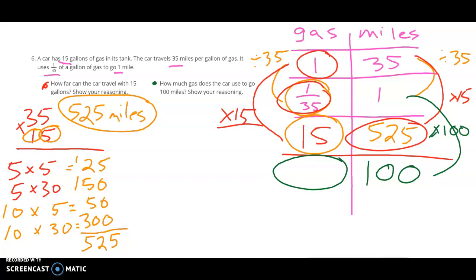And since we're using the 1, this is the row that we're using, the other unit rate. It takes 1/35 of a gallon to go 1 mile. We're going 100 miles, so we're multiplying the 1/35 times 100.